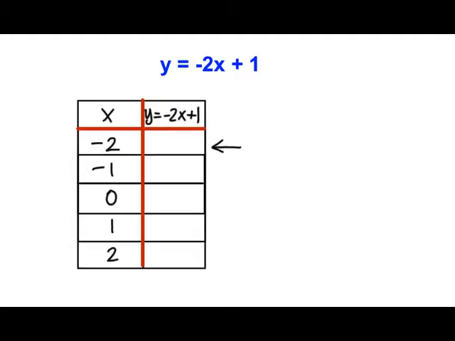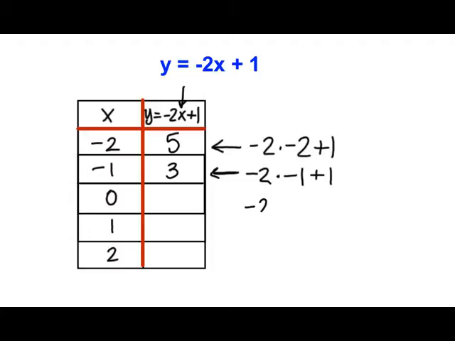So for -2, when I put in a -2 for x, I get -2 times -2, which is +4, plus 1, which yields 5 as an answer. Let's try -1. So -2 times -1 is 2, plus 1, because it says add 1 at the end, I get 3. 0: -2 times 0 is 0, plus 1 is 1. 1: now I have to think backwards.